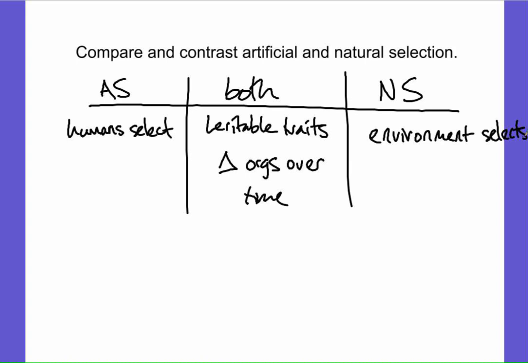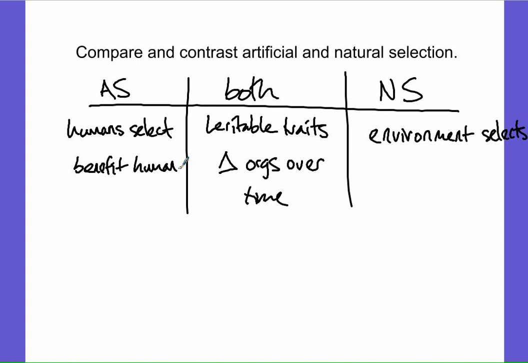Other differences, just to point out, because it's a good thing to understand, here the trait is supposed to benefit the humans themselves. Remember, some of those things that we've selected for over time, and actually this breeding thing that we've done with dogs, is sometimes harmful to that organism.